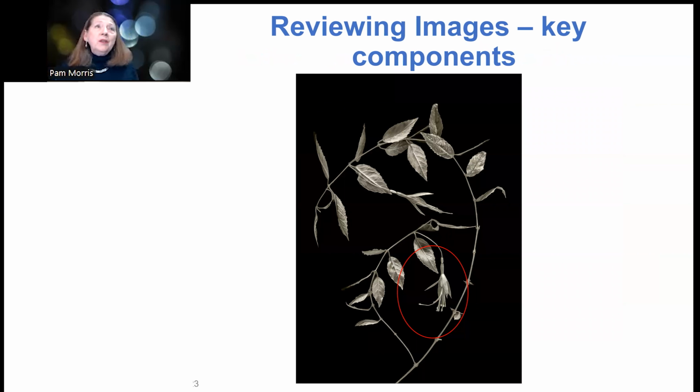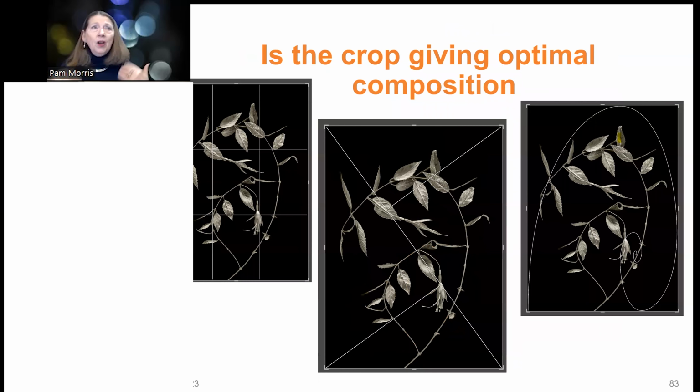And when you're reviewing your images for cropping, have a look at what you've got and think now how that, obviously the key component within this image is that fuchsia flower. It's where the eye goes to immediately. So when we look at the different crop overlays that we can get within Lightroom and within Photoshop, you can see each of those different crop overlays highlight the alignment to that golden rectangle and golden spiral and the rule of thirds.